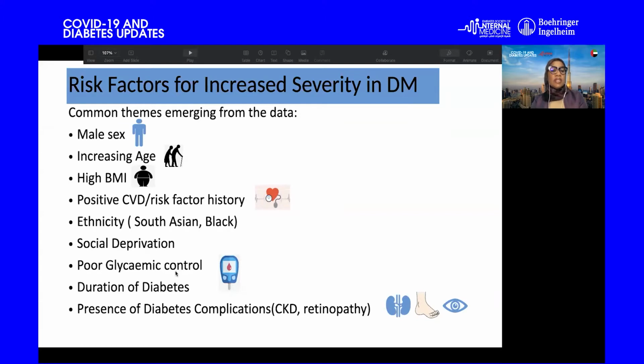And then certainly the duration of the disease, poor glycemic control is also associated with an increased severity. In addition to having other diabetes complications such as chronic kidney disease or retinopathy or foot problems.